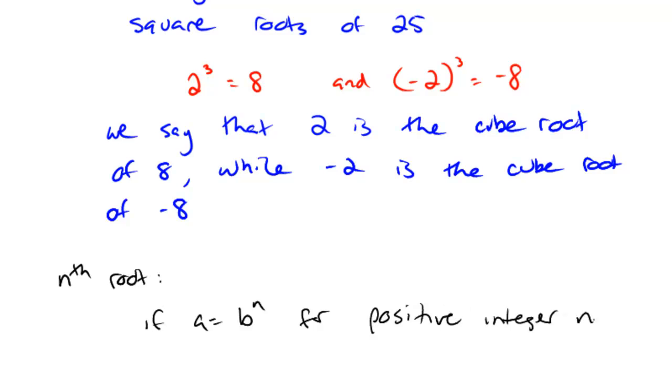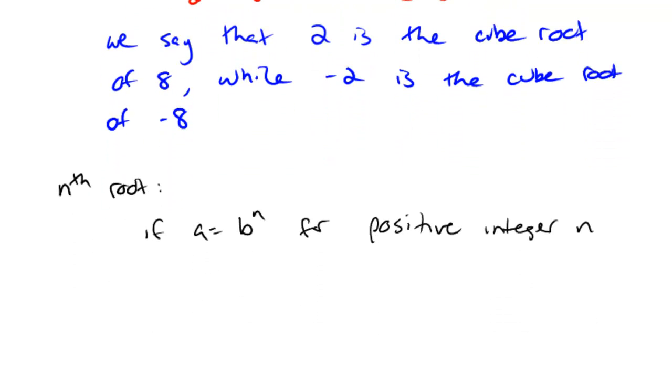And we saw previously that, for example, 5 squared, so b would be 5 and n would be the square. We also looked at cube, so n would be the cube. Then b is an nth root.